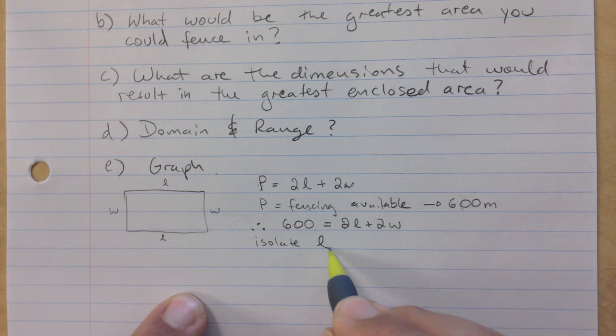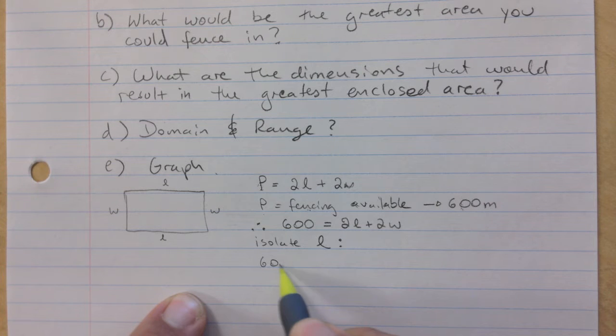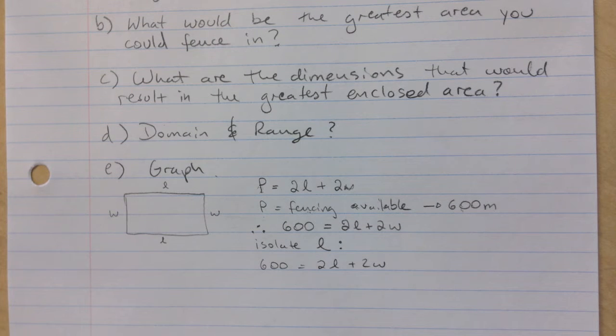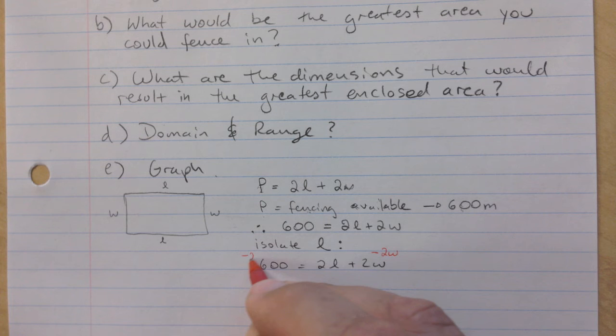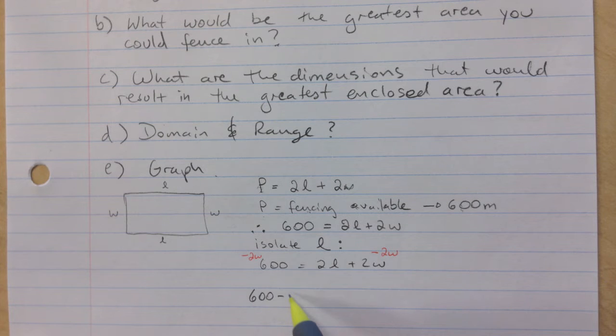Okay? So 600 is equal to 2L plus 2W. I'm going to rewrite it one more time. I'm going to subtract 2W from both sides. That's essentially what's happening here. So I'm going to go minus 2W minus 2W here. So you end up with 600 minus 2W on this side, and on the other side it's 2L.